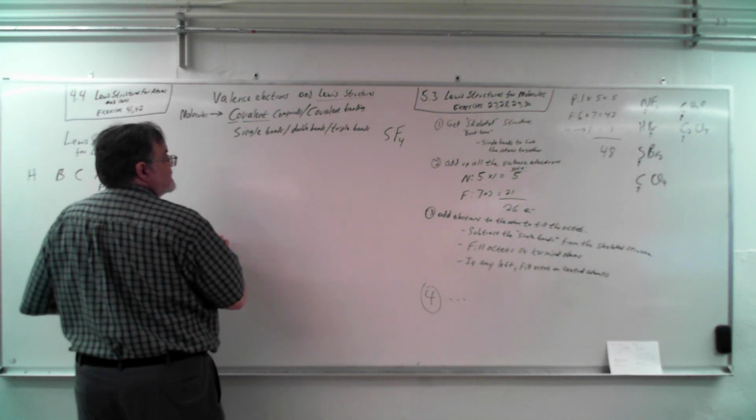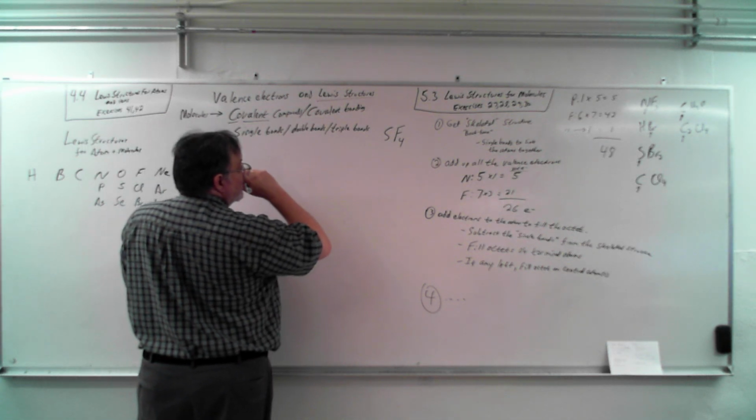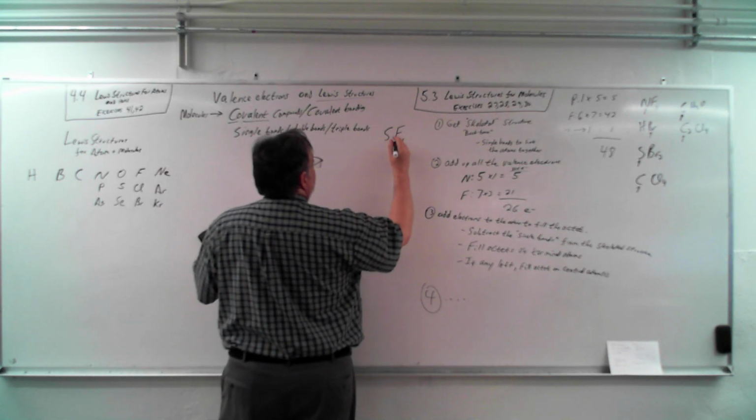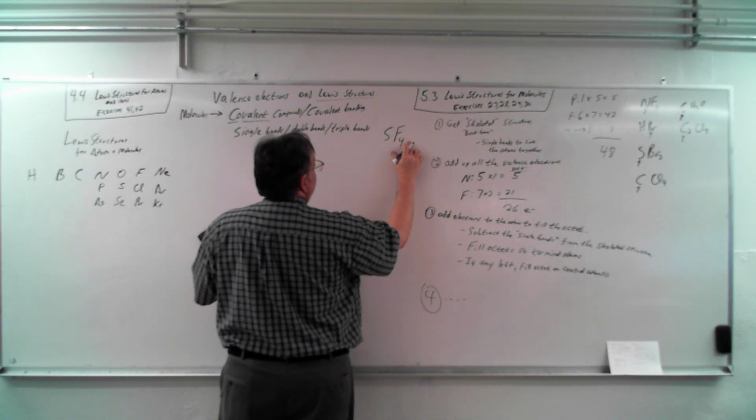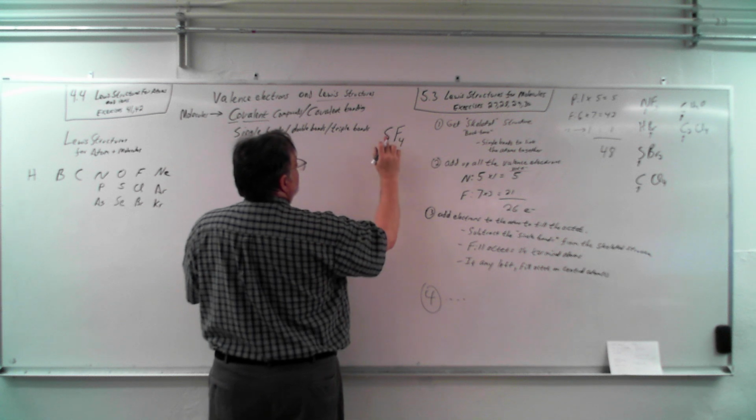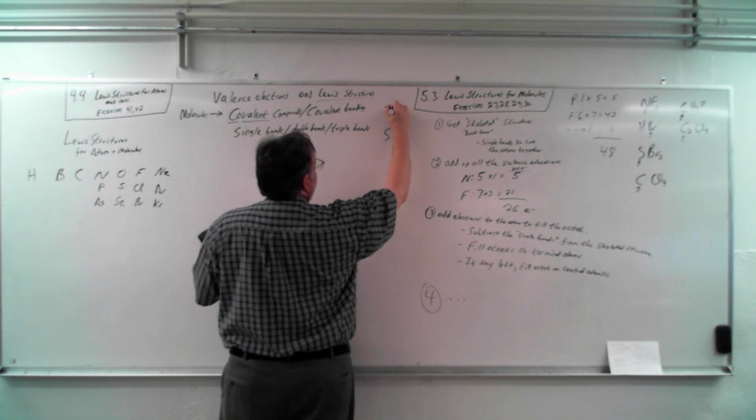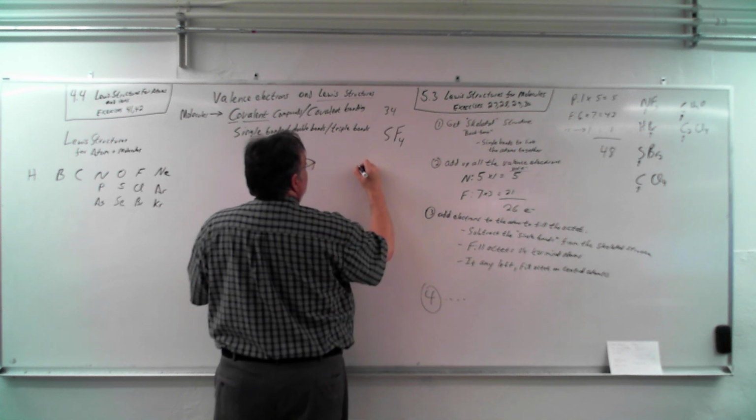Say you were given SF4, and that's going to be valence electrons: 4 times 7 is 28, plus 6 more, 34.